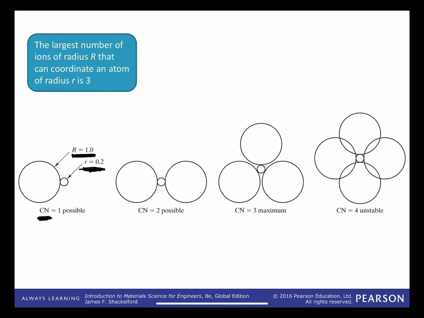We would have opposites attracting, and that would happen. Now we also have the other side of the cation that's available for ionic bonding, so we could position another anion on the other side of that cation.